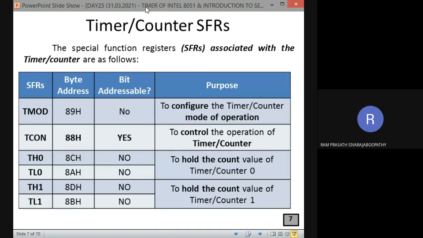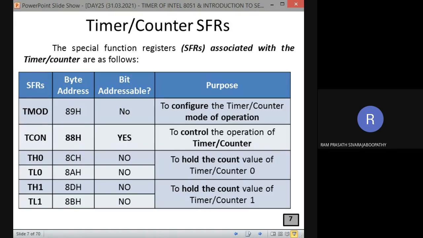What about its address? Its address ends with 8. If an SFR address ends with 8 or 0, I am speaking about the lower nibble, if the lower digit of the address ends with 8 or 0, then it is going to be a bit addressable SFR.